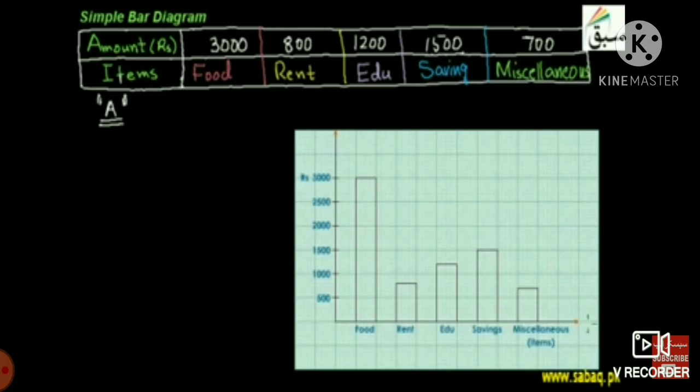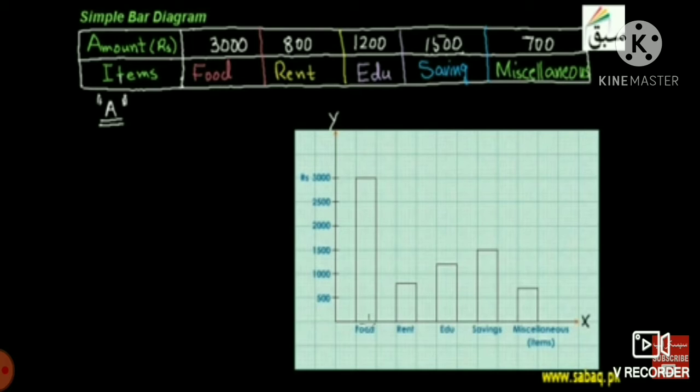Along the x-axis, the distance between one unit, as is convenient for you, you can take. Food, rent, education, saving, and miscellaneous are taken here.